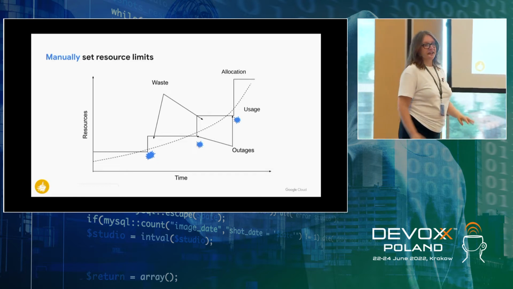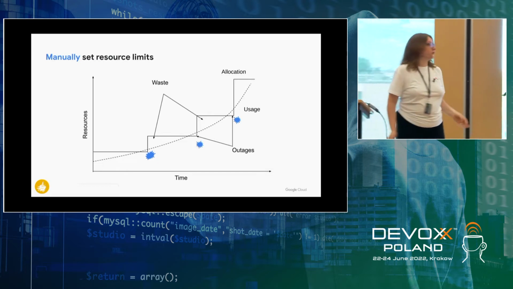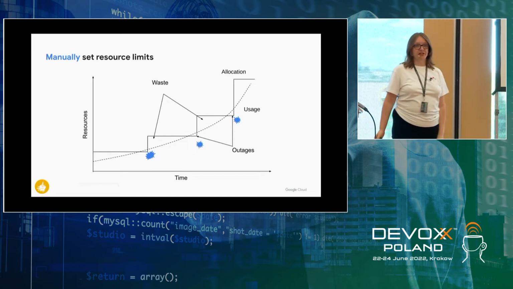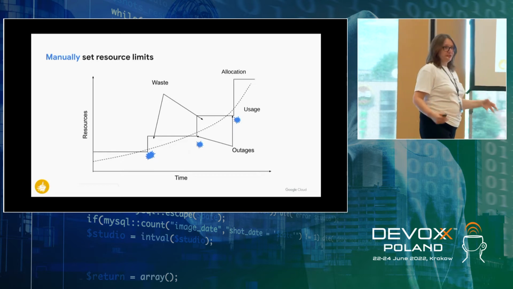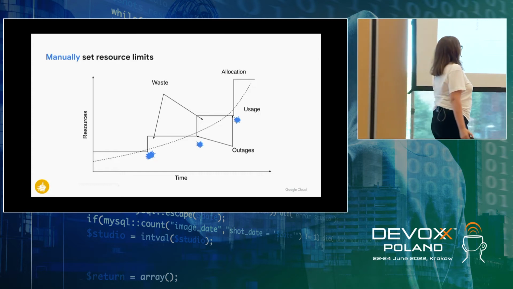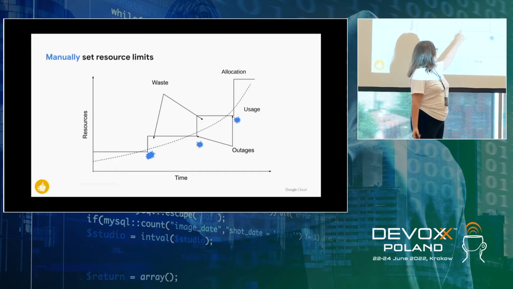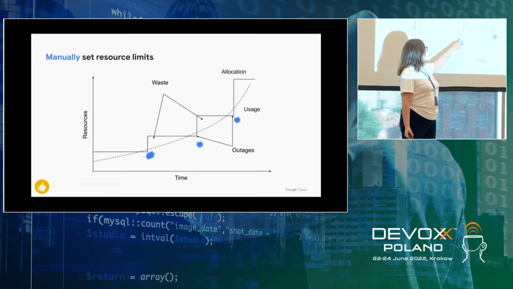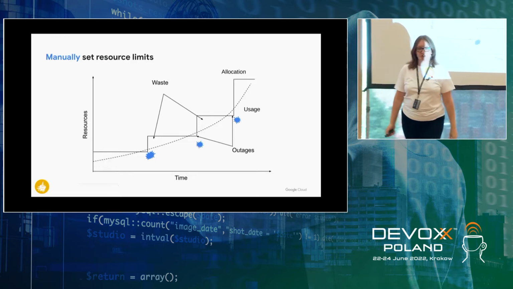The ideal allocation would not just follow the usage exactly, because you do need some slack. But we want to minimize the waste and get rid of those outage events.